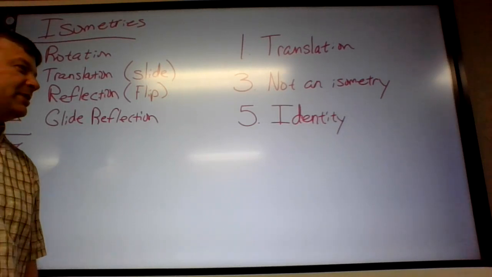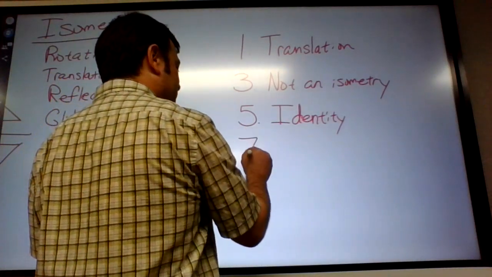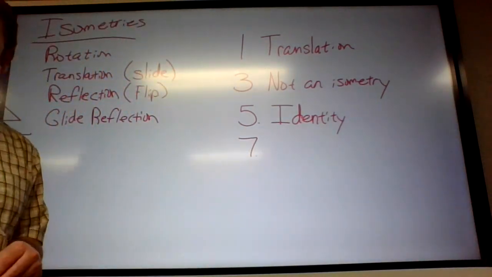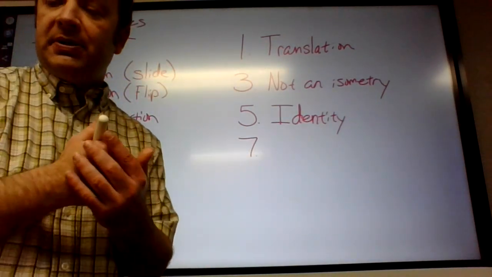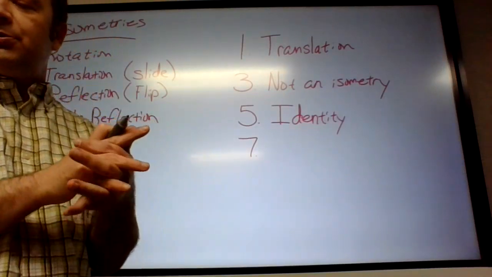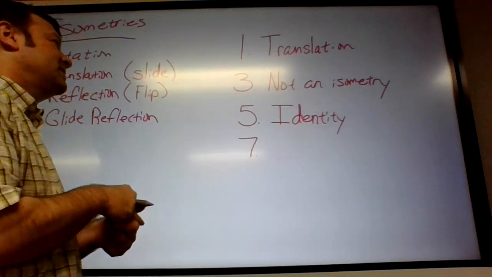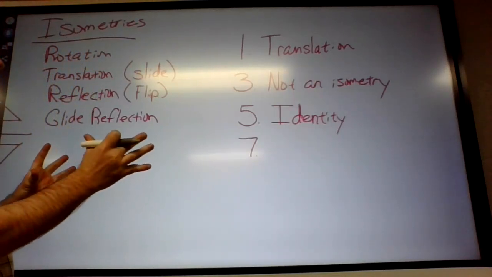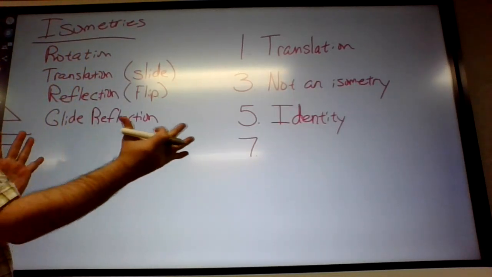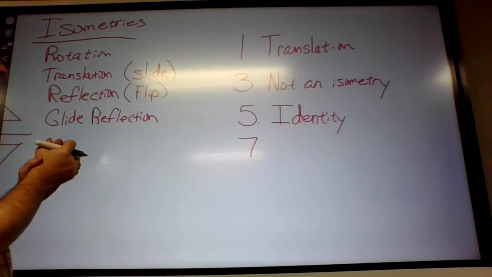Okay, speaking of not too concerned about, numbers 7 and 8 are asking which of the 4 transformations preserve orientation. Orientation means everything is the same distance and direction from what it was.